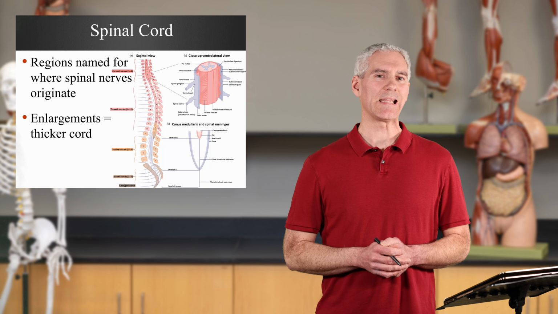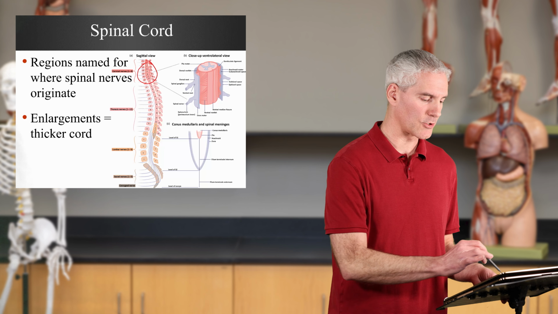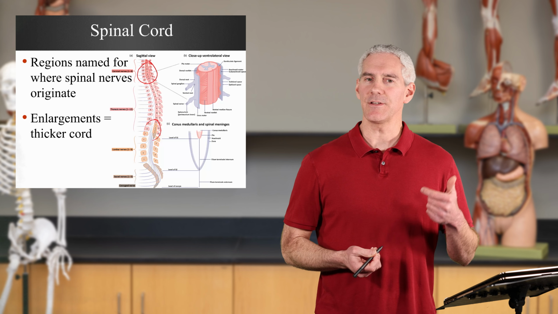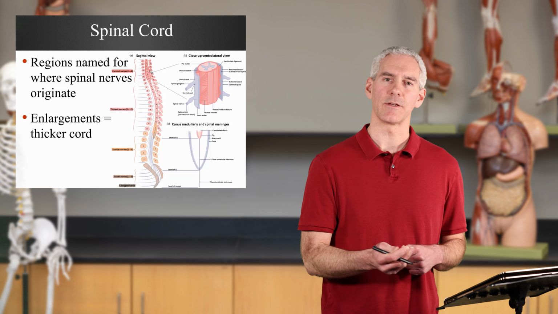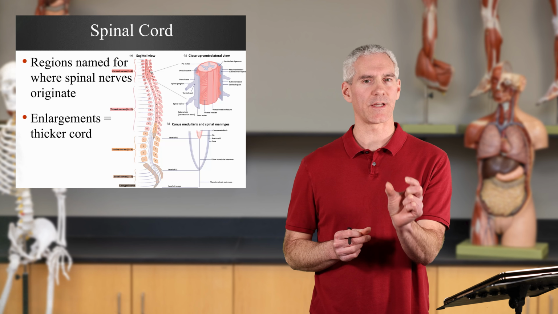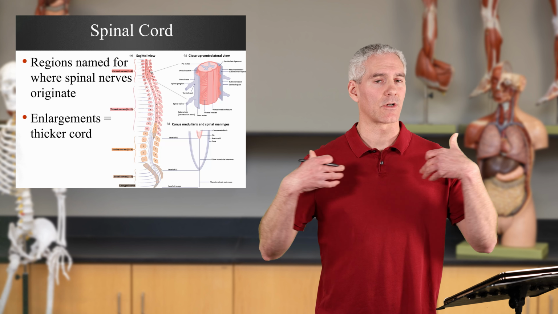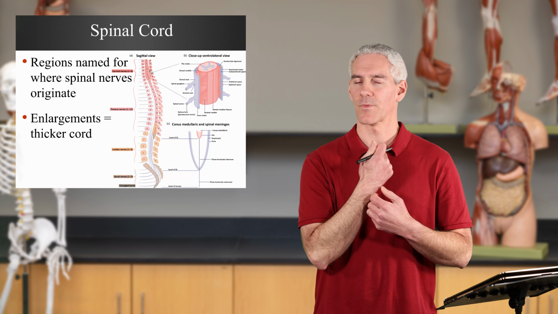You also have two enlargements to look at. We have the cervical enlargement and the lumbar enlargement. So if we have a cervical and a lumbar enlargement, why do you think at those points the actual spinal cord is a little thicker? Well, think about it. Cervical, all those nerves from the arm are coming in.